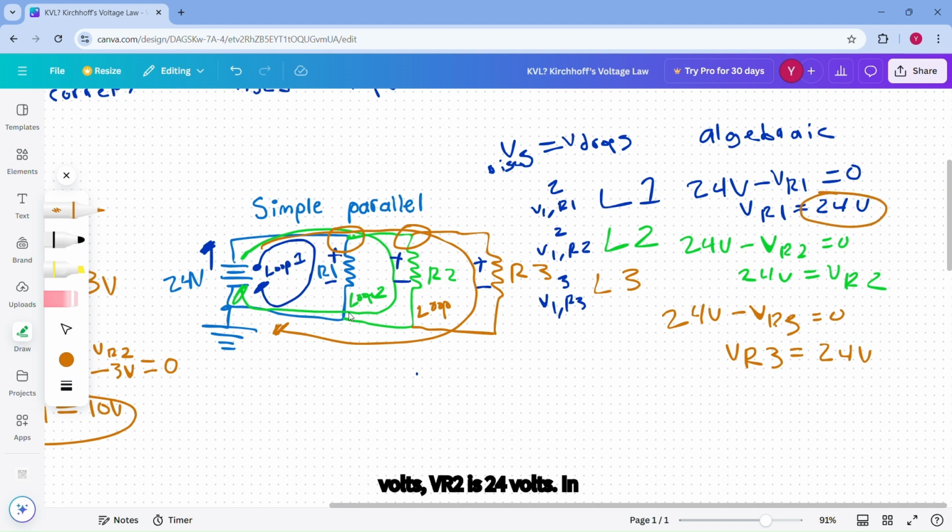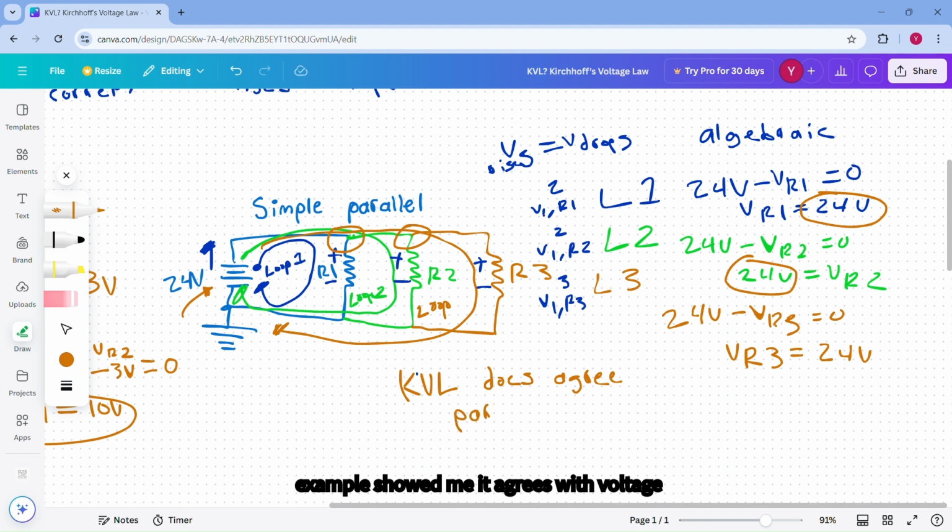VR1 is 24 volts, VR2 is 24 volts. In addition to that, they're all in parallel with my voltage source of 24 volts, so it should make sense they all have a drop of 24 volts. So right here I learned that KVL does agree with what I know about parallel circuits, and the previous example showed me it agrees with voltage divider and series circuits.